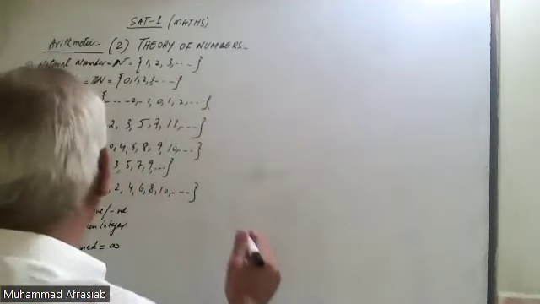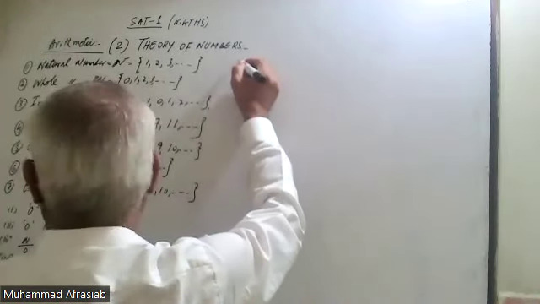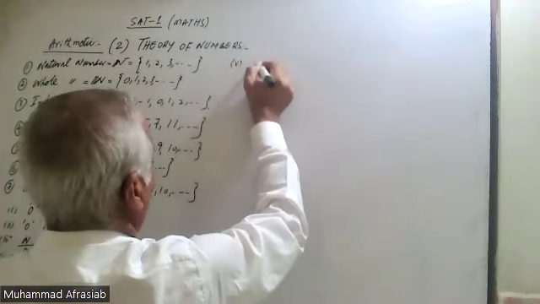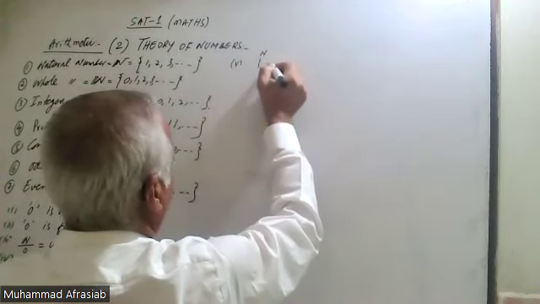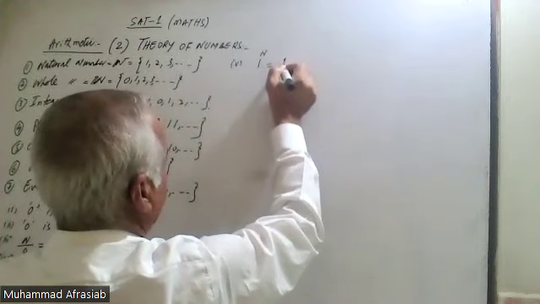Then 0 divided by any number is equal to 0 for this property there. Then fifth, 1 power anything is always equal to 1.